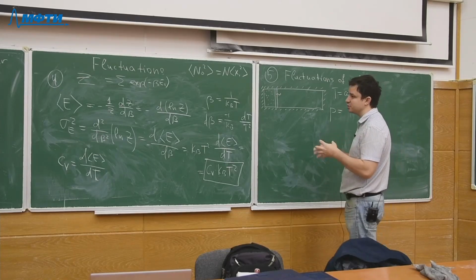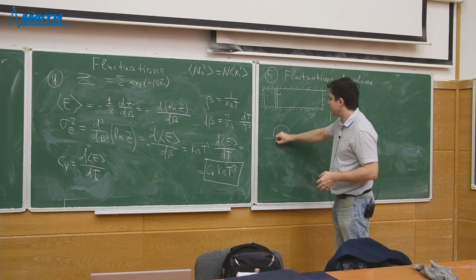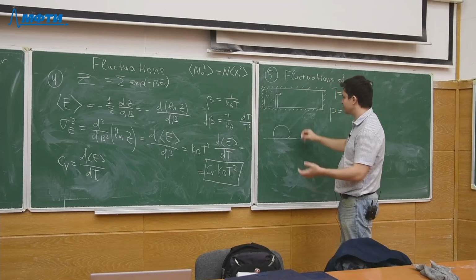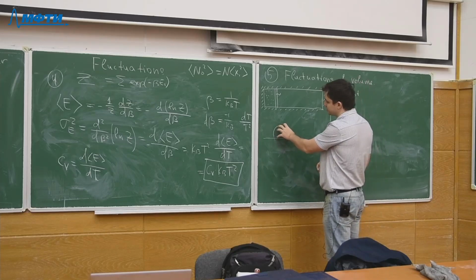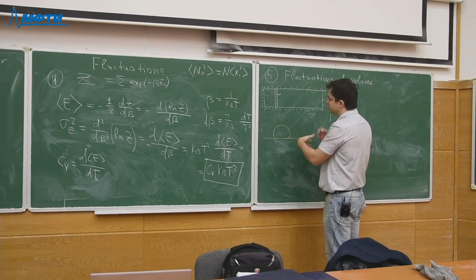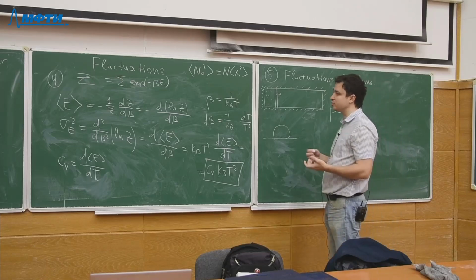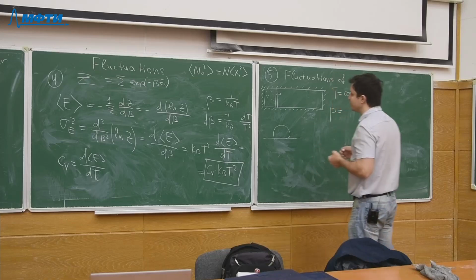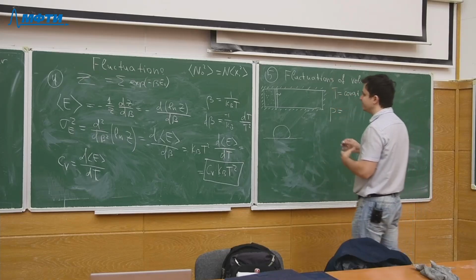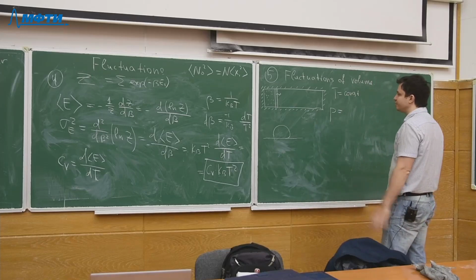It can be, for example, a droplet which is placed on top of some surface, and of course for the droplet there are also fluctuations of its shape and its volume. So we need to be able to calculate everything. That's why I'm not going to limit my discussion only to the ideal gas, but I'm going to assume that I have a system which has arbitrary properties.